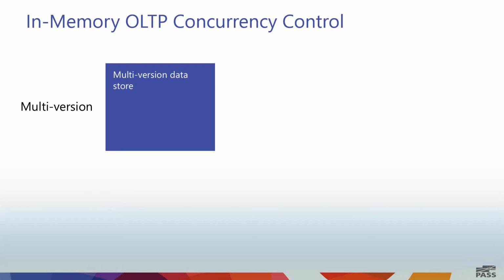It's not stored in TempDB or anything like with traditional snapshot isolation on disk-based tables. No, it is part of the data structure itself that is in memory. And having multiple versions means that you can have one transaction writing to a row and another transaction reading that row at the same time. The other transaction will just read the previous version of the row.